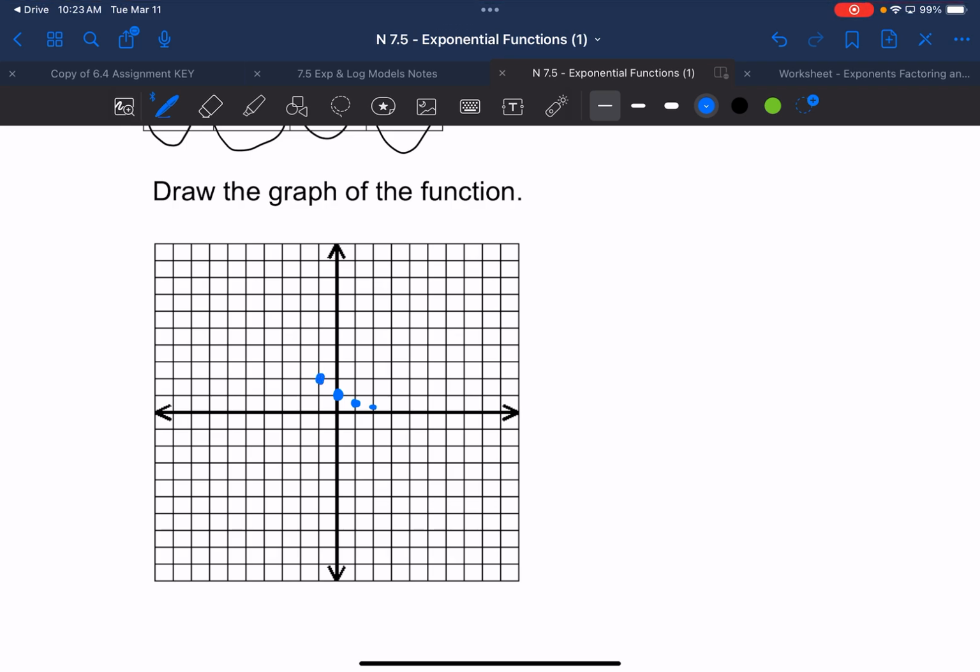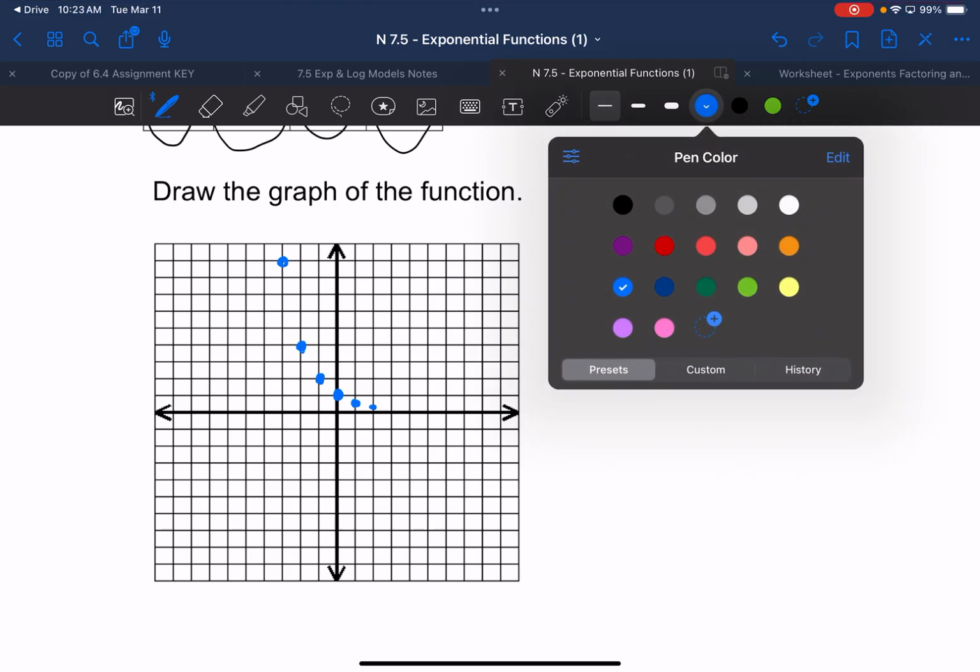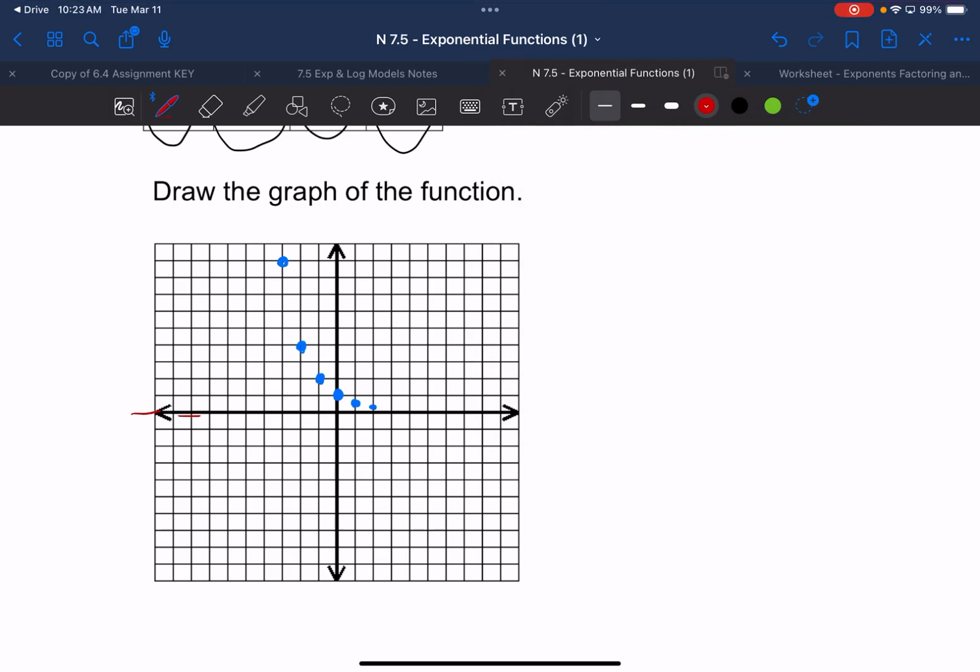We got a point at -2, +4. And at -3, +8. So like we said, again, there's this imaginary line, an asymptote at 0, telling us it cannot pass that line. So it's going to look something like this.